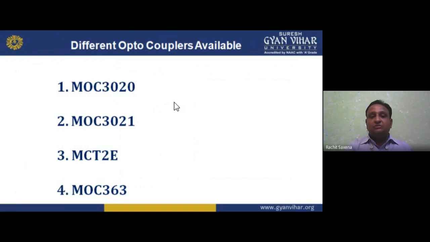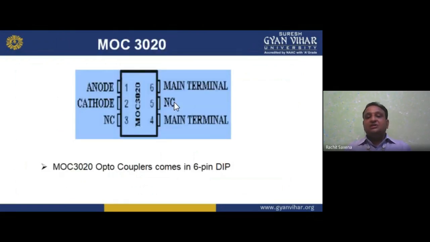Now moving forward, the MOC 3020. I already told you that the optotriac has a 6-pin structure in the form of an IC. Again we have anode and cathode at the first and second positions, no connection at the third and fifth, and the fourth and sixth are the main terminals.